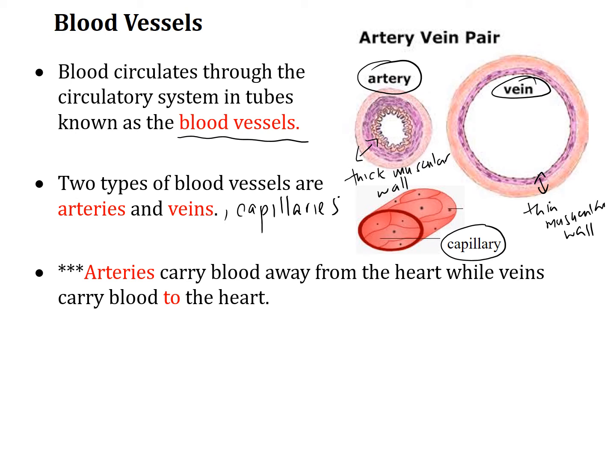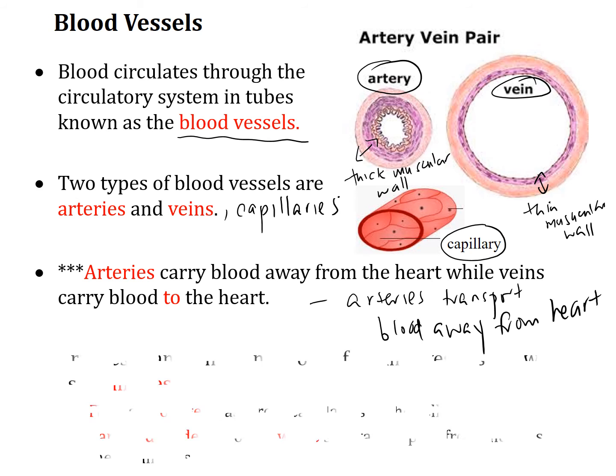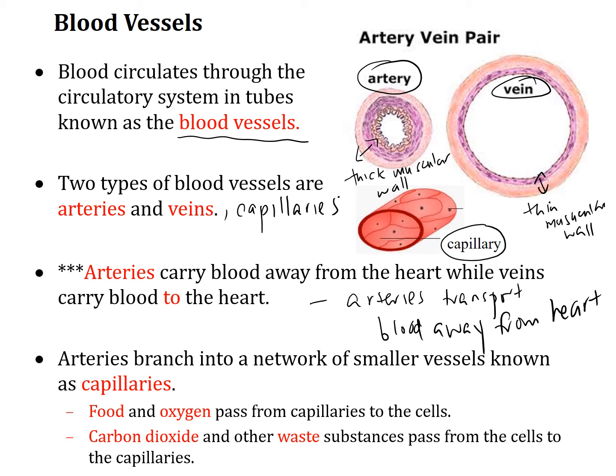Now the reason why arteries have a thick muscular wall is because arteries need to transport blood away from the heart. So it comes from the heart, and the blood that comes out from the heart is always at high pressure, so that's why it has a very thick wall.